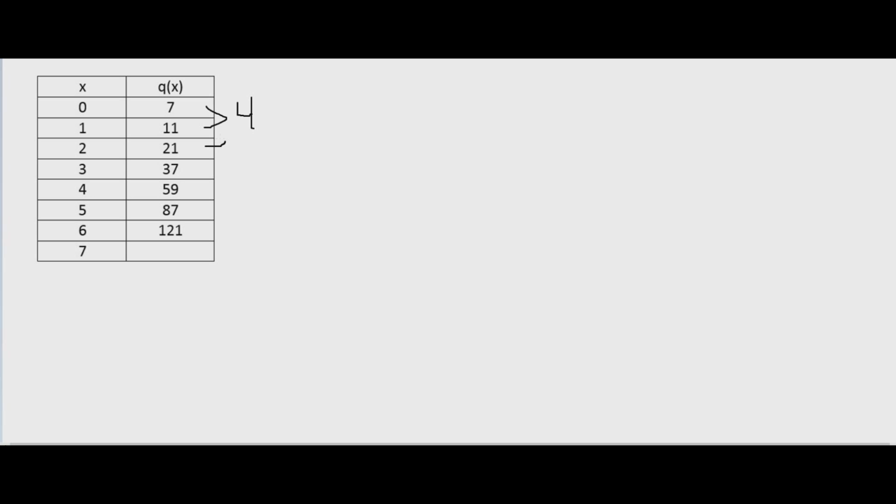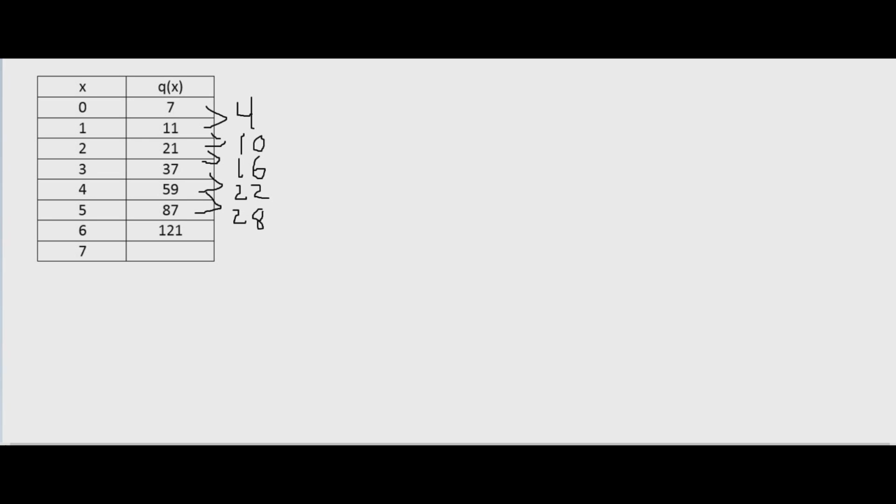Then we're going to do 21 minus 11, which is 10, 37 minus 21, which is 16, 59 minus 37, which has got to be 22, 87 minus 59 is going to be 28.